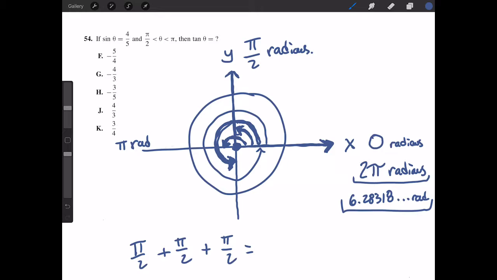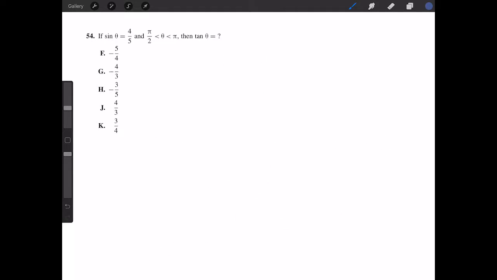So how much is pi halves plus pi halves plus pi halves? Well, 1 pi plus 1 pi plus 1 pi is 3 pi's. And we keep the same denominator. So this is 3 pi halves radians. And then if we do the full circle, we already saw that a full circle is 2 pi radians. So let's recap very quickly here.